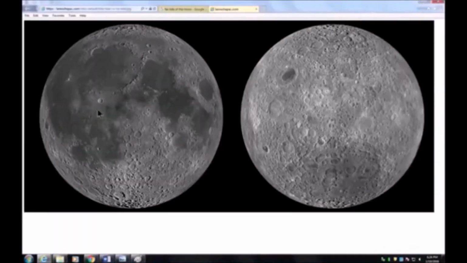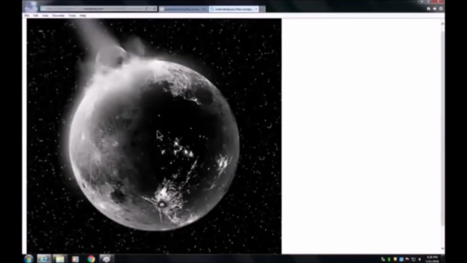Now, the only reason that there are Maria without all those large craters is that during the first 500 million years of the life of the moon, also the life of the solar system, there was this bombardment of the moon and all the solar system bodies by large impactors, by planetesimals, small asteroids.